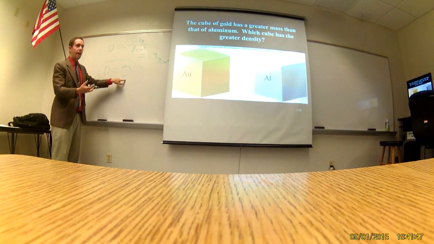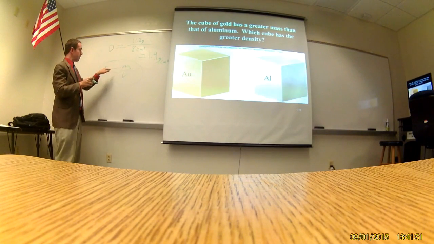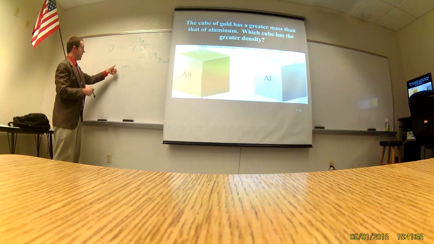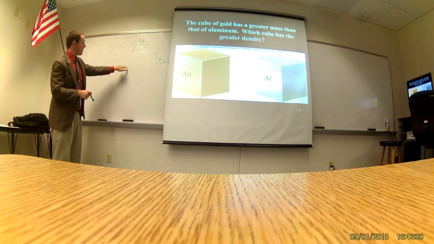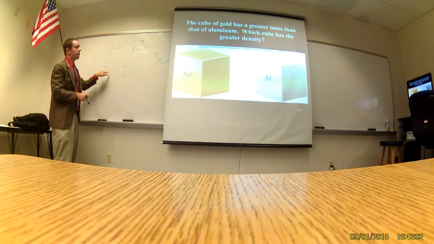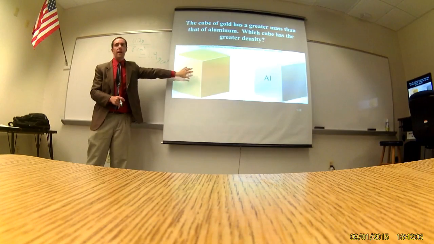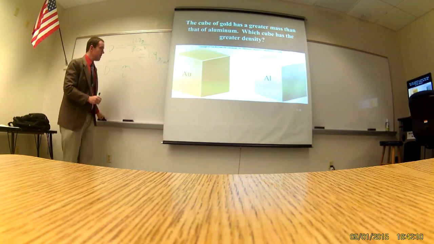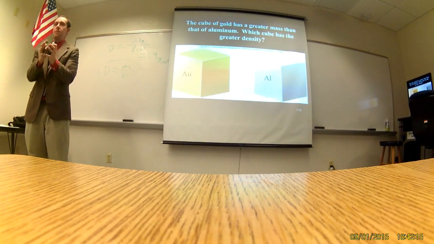In terms of math, if you increase the mass, what happens to your density? It goes up. Density and mass go the same direction. So the one that has the higher mass has the higher density, and the question tells us the gold has a greater mass. So the gold has to have the higher density, because it has to fit that greater mass within the same volume.